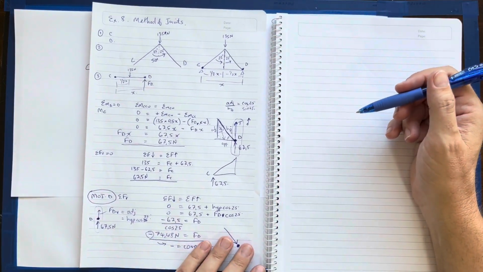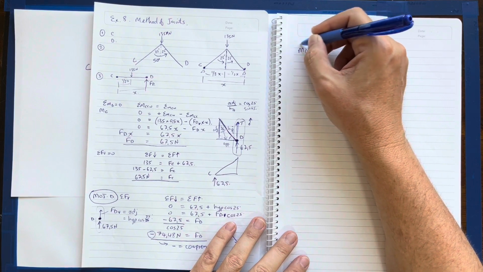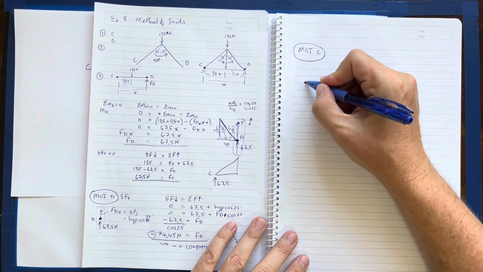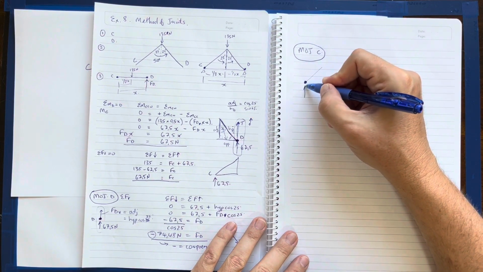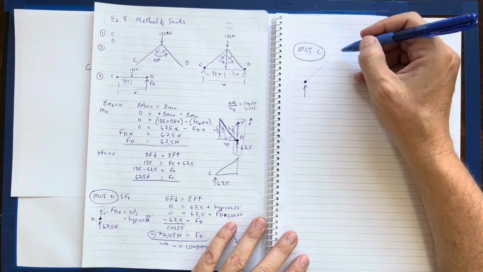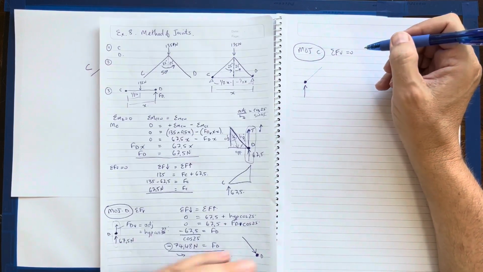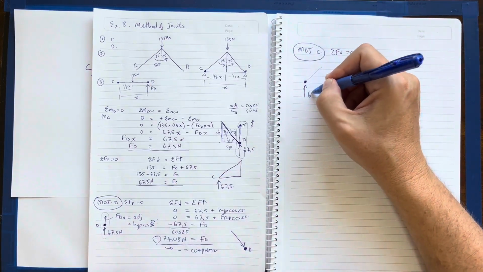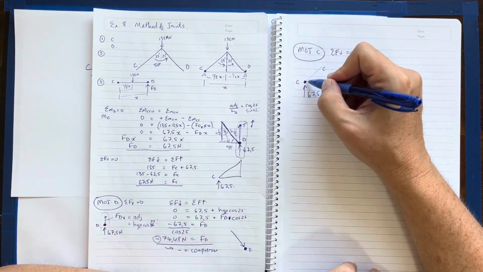I'll quickly solve the other one. If I go method of joints in C, it is going to be pretty much the same approach. I look at the joint there, but I can only work with purely vertical. The sum of my forces vertical equals 0. I forgot to put that there. This is 67.5 again. I know what C is.